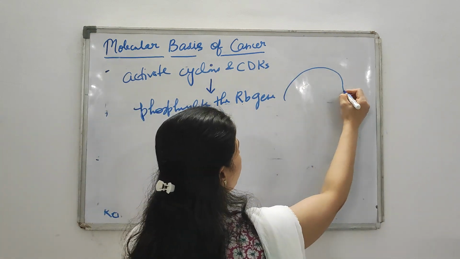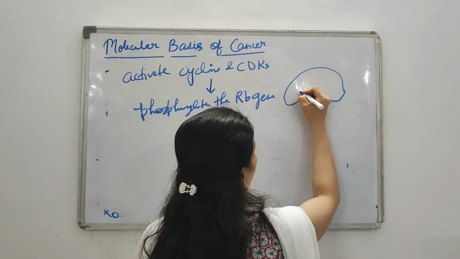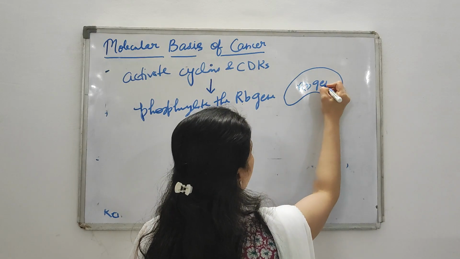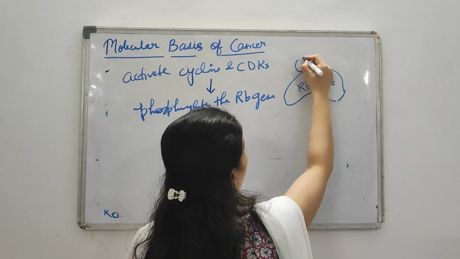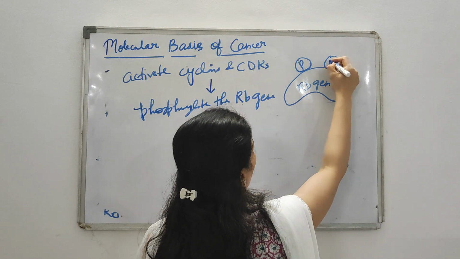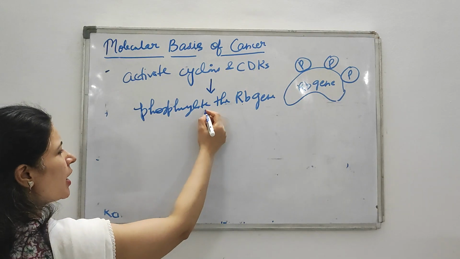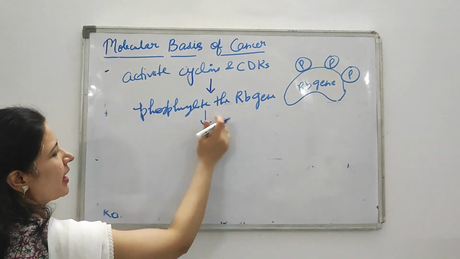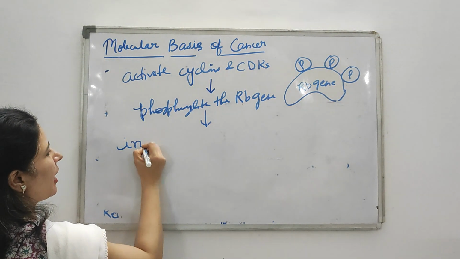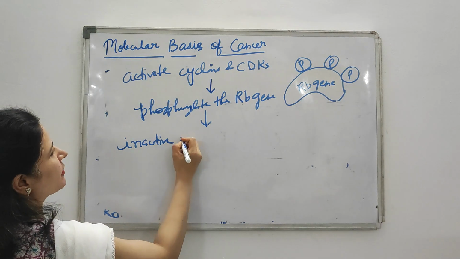Suppose this is the RB gene, and the cyclins and CDKs are active. These cyclins and CDKs cause phosphorylation of this RB gene. Clear?